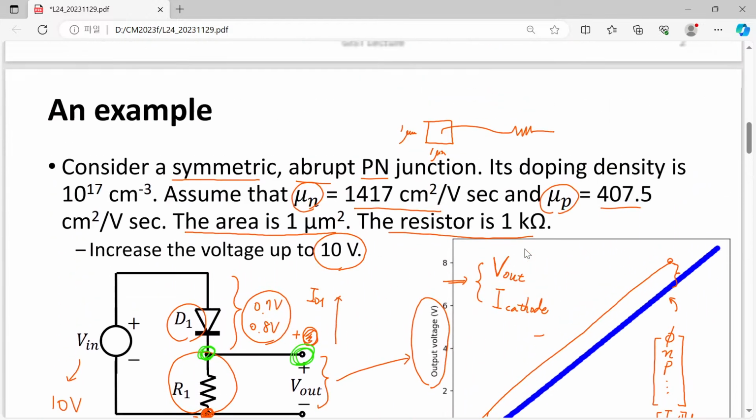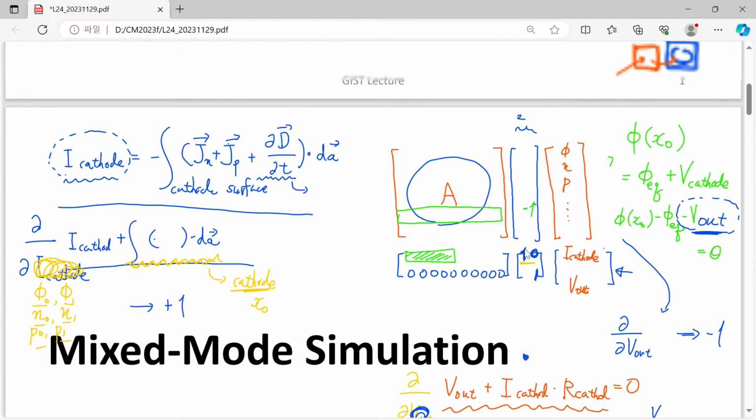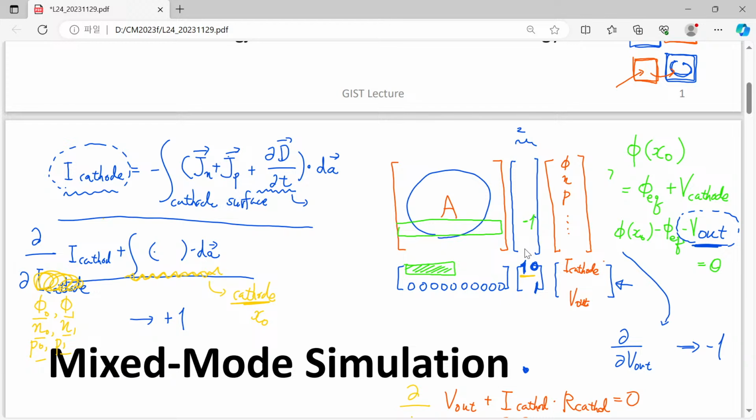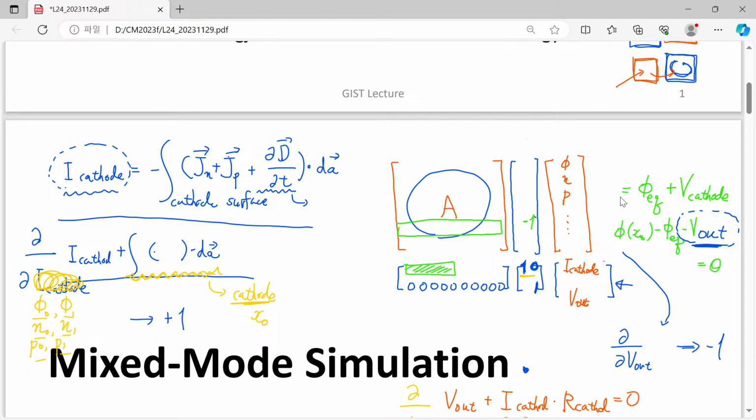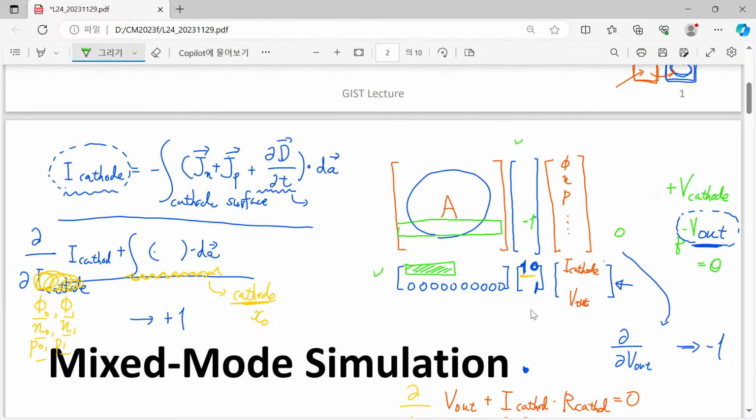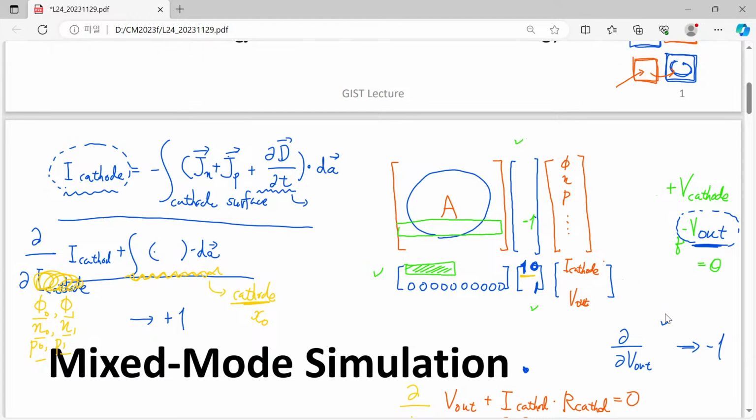But as I told you in this slide, this is the one you follow. Please consider all of these off diagonal blocks and this diagonal block carefully. Then eventually you will get a quite well converging solution.